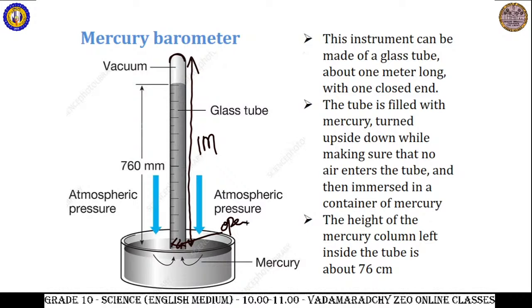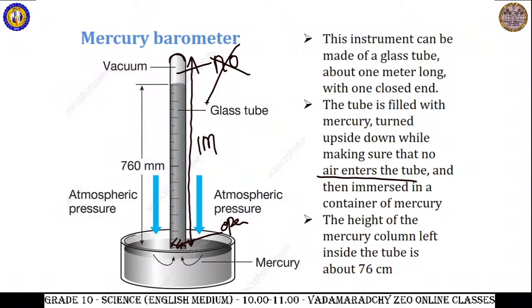When turning this tube upside down, we have to be sure that no air enters the tube. There is no air; it is a vacuum. So we have to confirm that no air enters the glass tube.